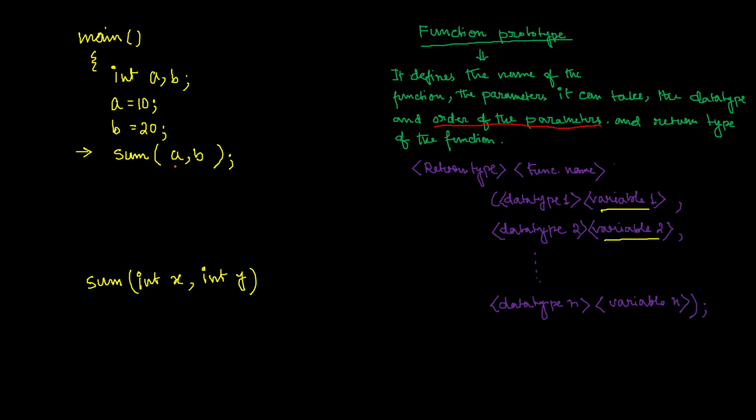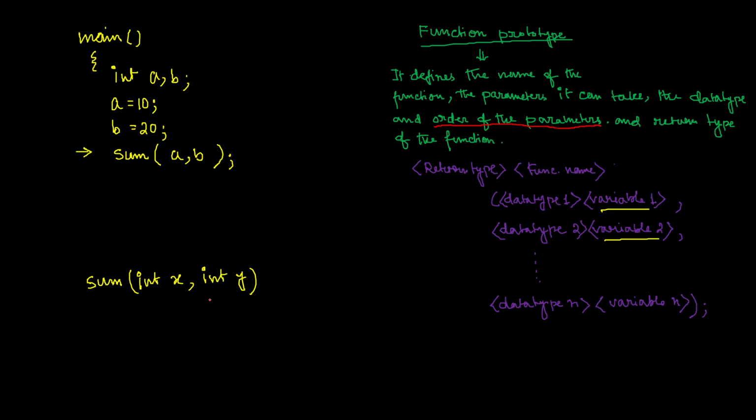For example, in some other program you are passing three variables as parameters, where suppose the first variable is integer, the second variable is float, and the third variable is character, for example, when you are calling. Now when you are defining the function, you must keep the same order. If you change the order, you will have a chance to get some logical error or a syntactical error.